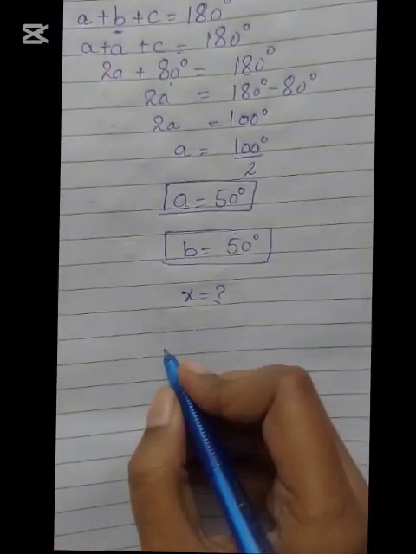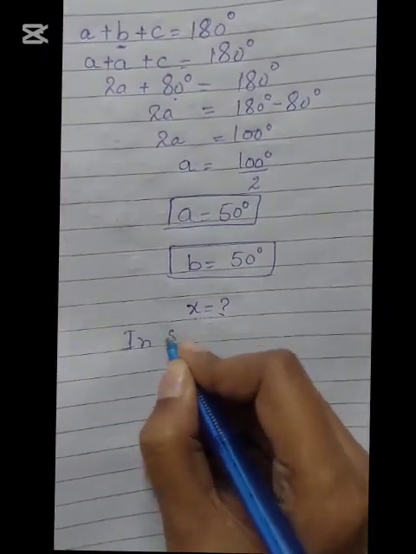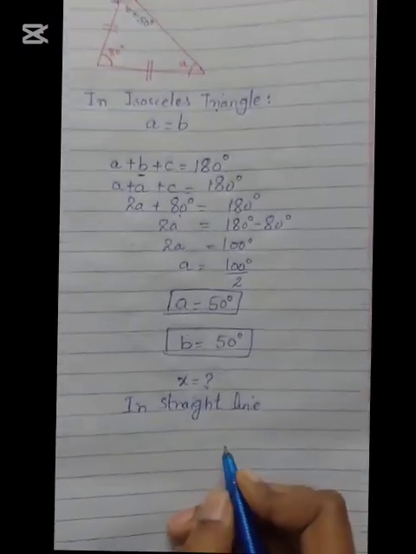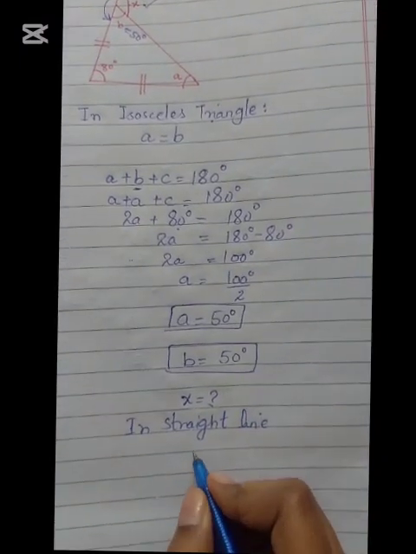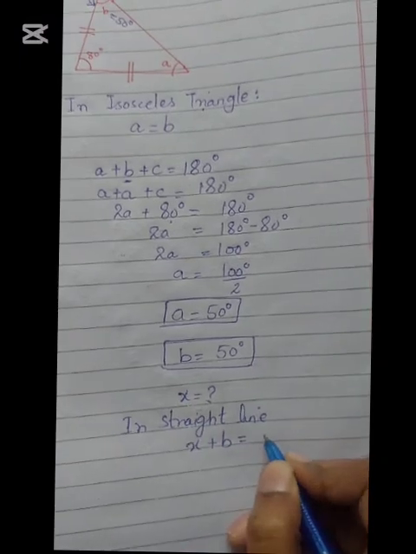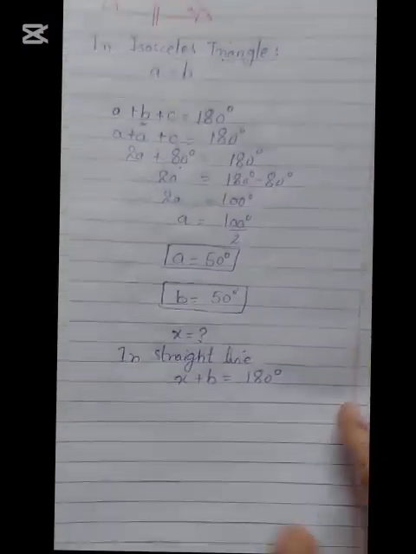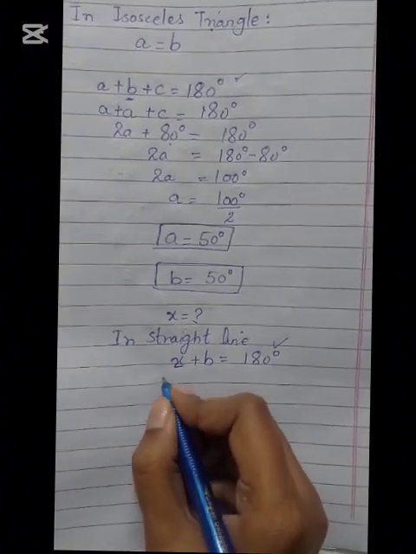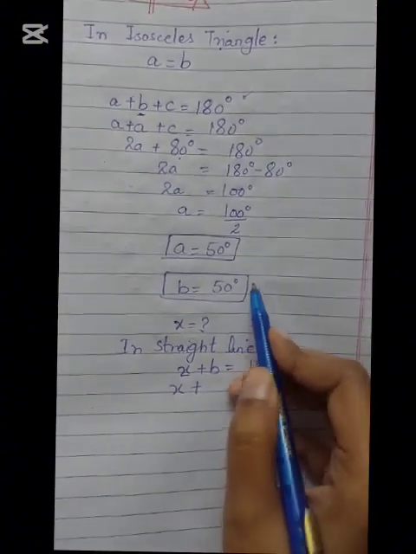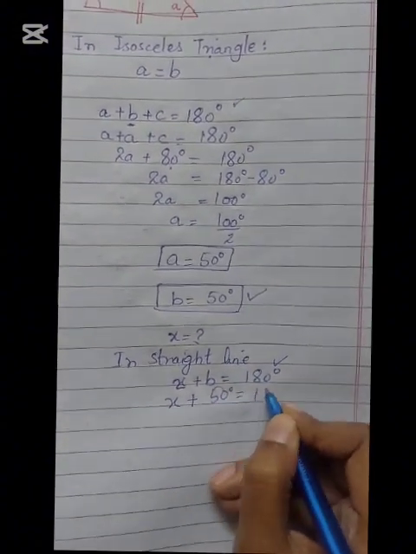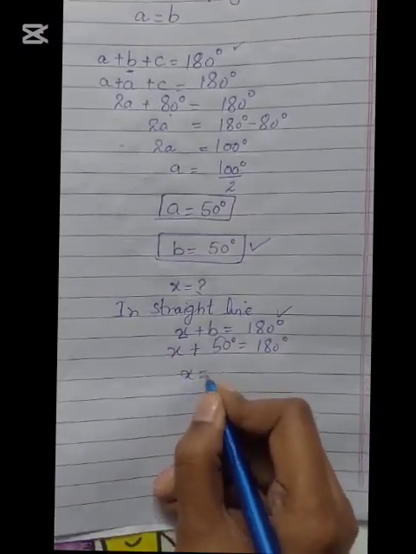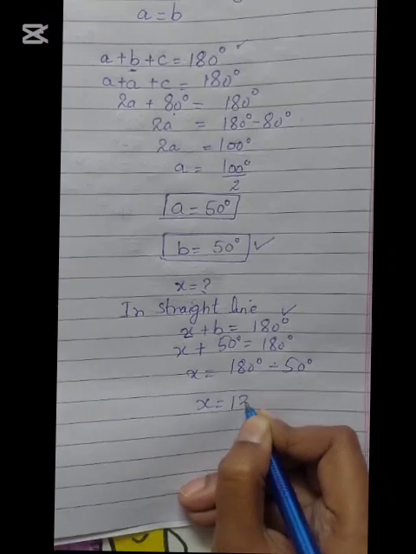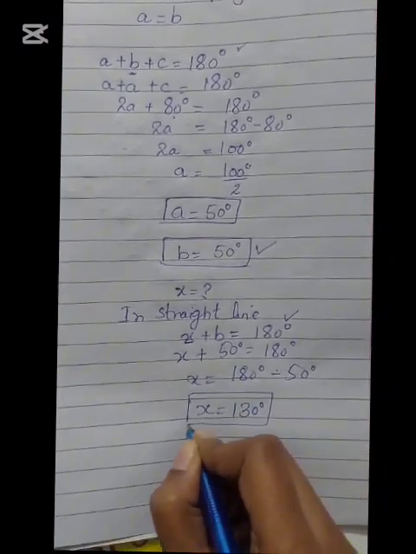We know that in a straight line, X and B are linked with each other, so X plus B equals 180 degrees. Whatever the condition, it is always 180 degrees. X is unknown, so write it as it is, and B equals 50 degrees. Here we can find our exterior angle with the help of the interior: X equals 130 degrees. So just practice this question.